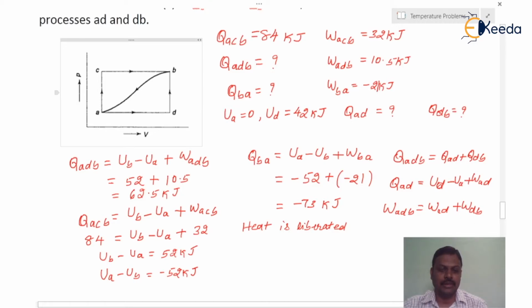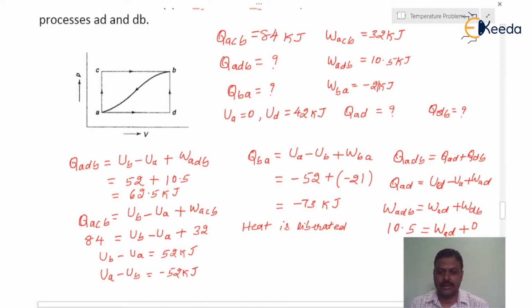Here work done along the process DB is 0, along the process AD will be WADB. So WADB is 10.5 kilojoules. So 10.5 equal to WAD plus WDB, where WDB is 0. So WAD is 10.5.